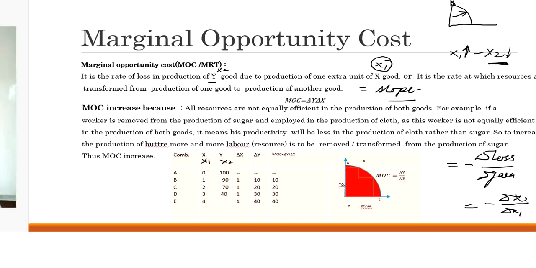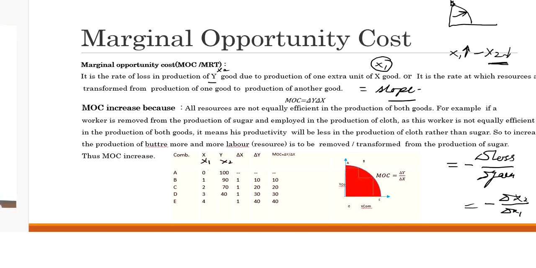So at each point you can find out the value by applying this formula. At A point we are producing only X2, so there is no loss, no gain.